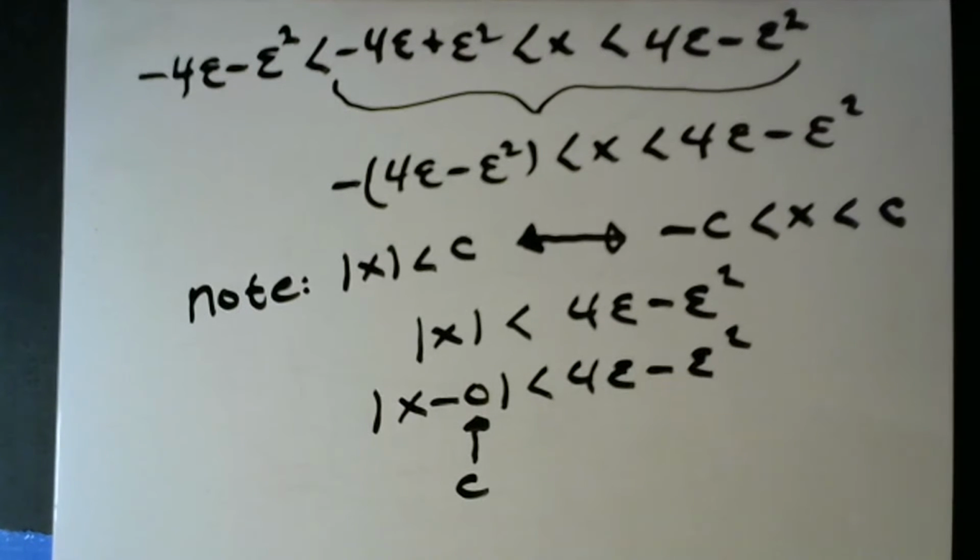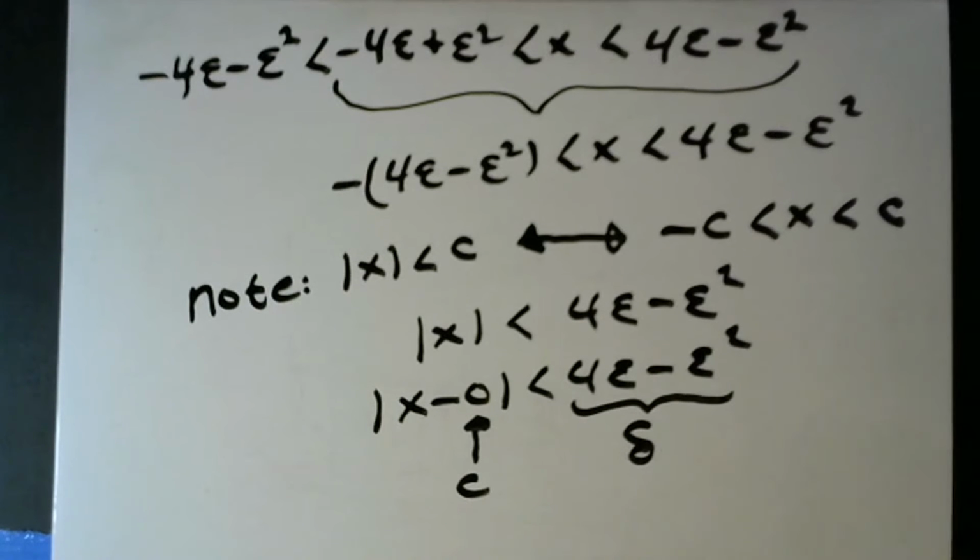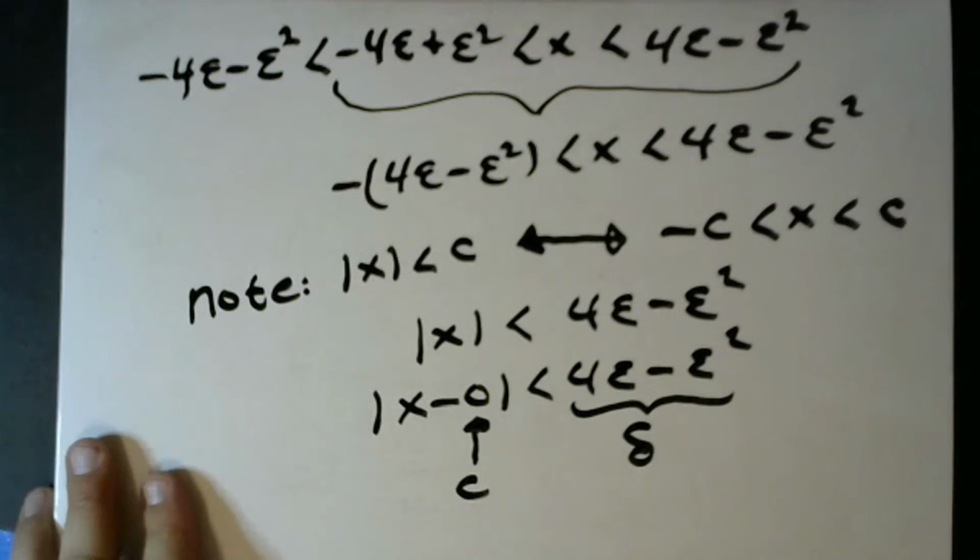That is going to be c, and this must be delta. So you got to do some tricks here to get this one out. But that is one way you could do this.